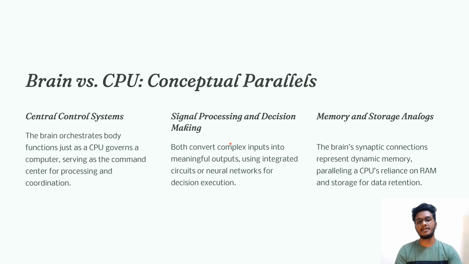Like in the brain we use neural networks, and in a CPU we use circuits for decision execution. Memory and storage analogy. The brain's synaptic connections represent dynamic memory, parallel to a CPU's RAM and storage for data retention.